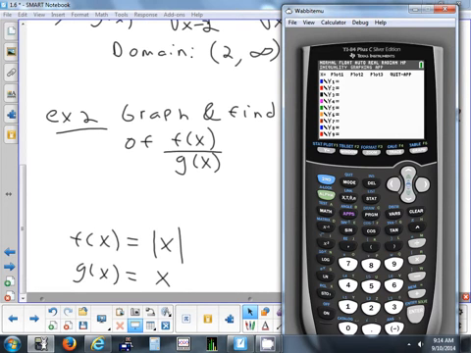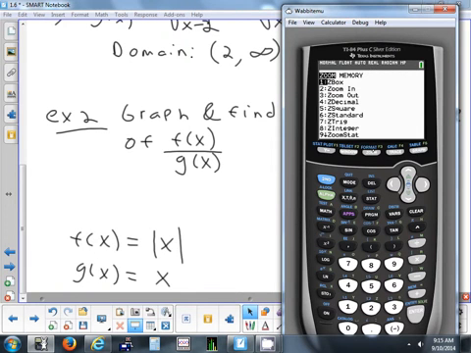Any thoughts on one value that you can think of right away that's not in the domain? 0. Yep, 0. In fact, 0 is the only value that's not in the domain.